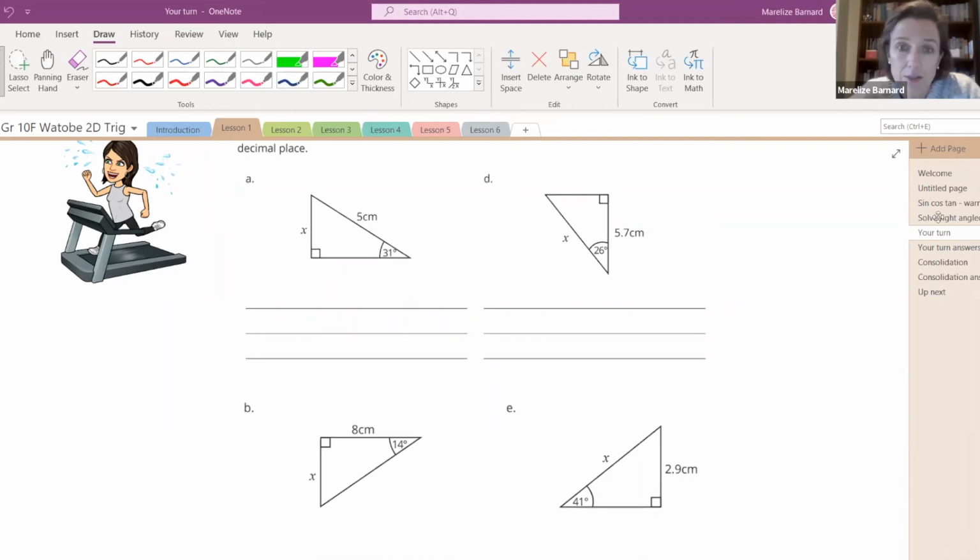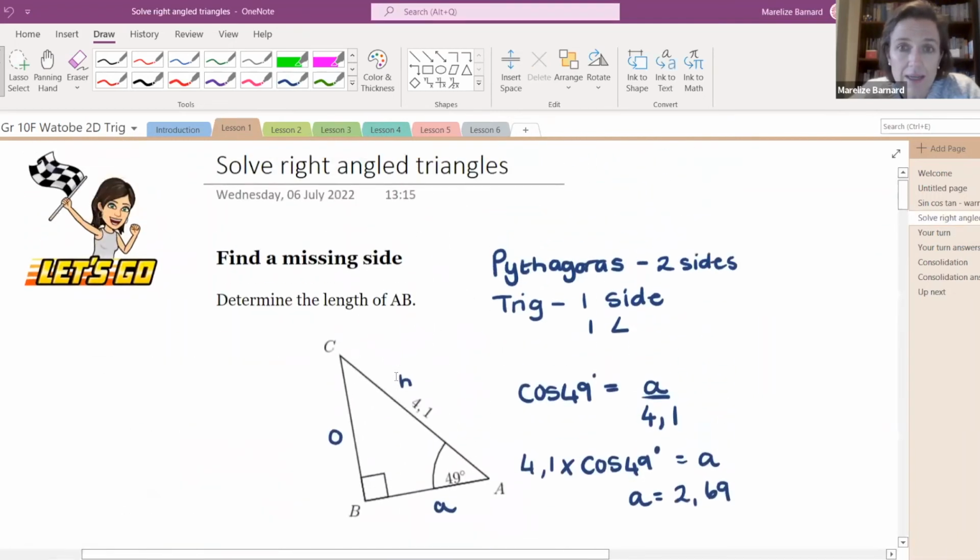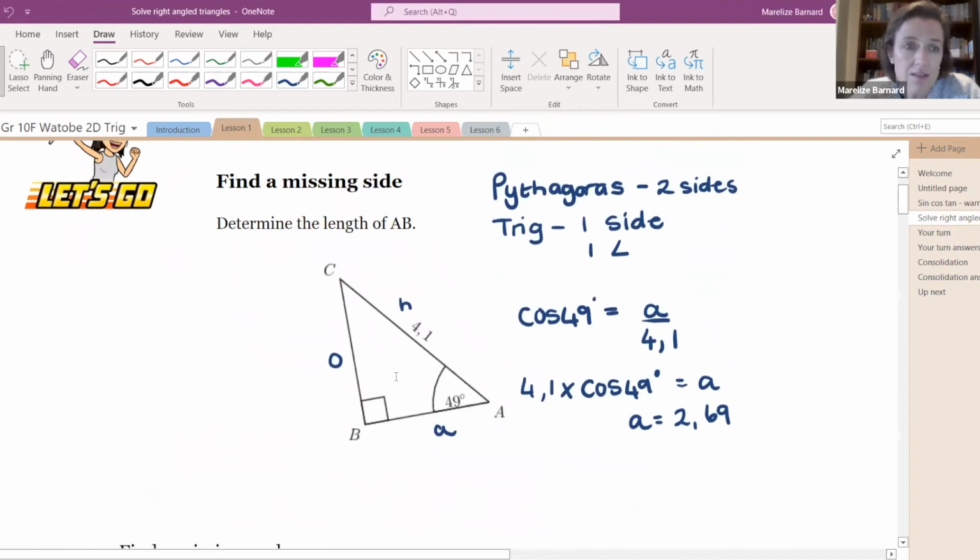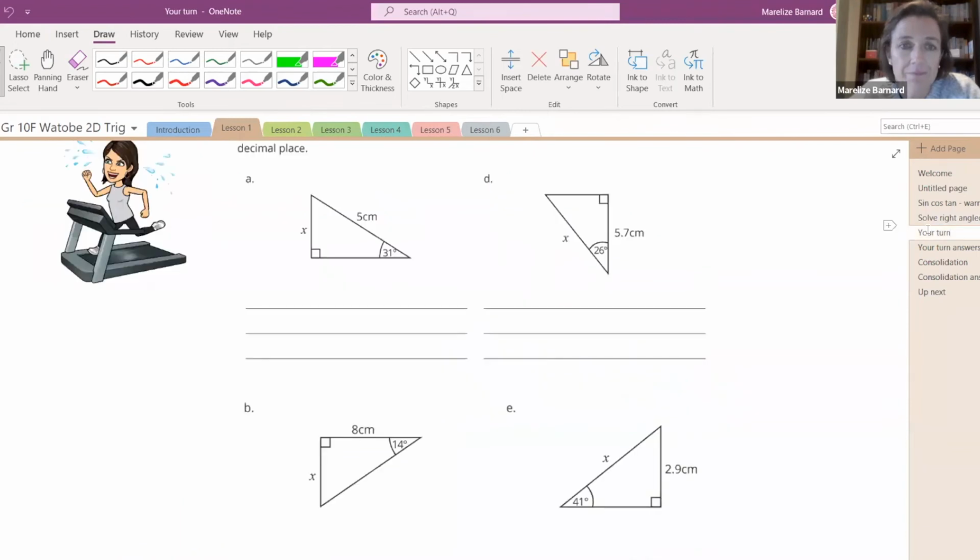I'm going to put that question up quickly, take a screenshot, see what we did, and I'll go back just now to our practice questions. So quickly take a screenshot of this question. It's going to help you do the other ones.